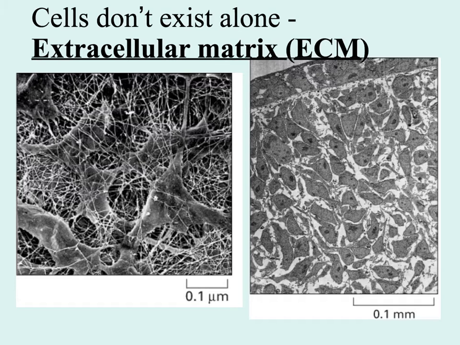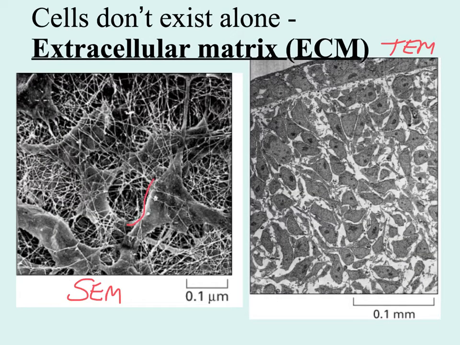Once again, on the left now you have the scanning EM, the SEM. On the right you have the TEM, and in the TEM you can see the spaces. On the left it's harder to see the spaces, but in both of these images what we're talking about is cells in a tissue interacting with one another and with the materials that surround those cells.